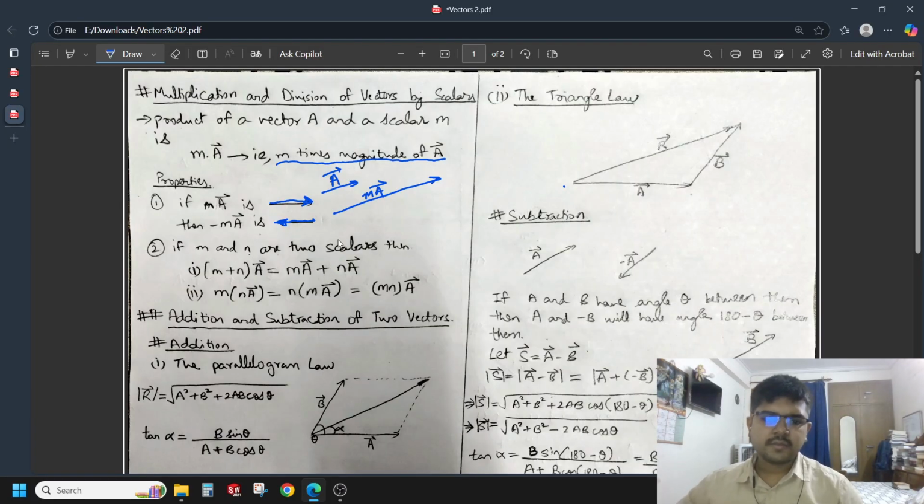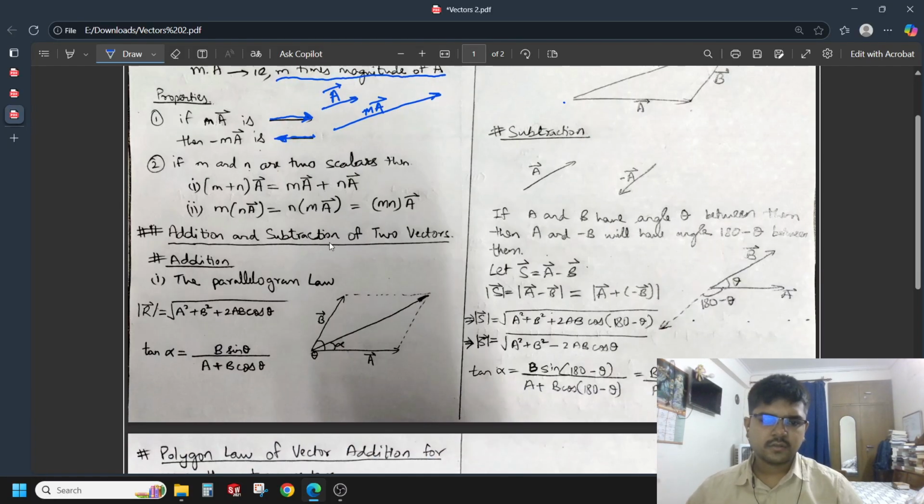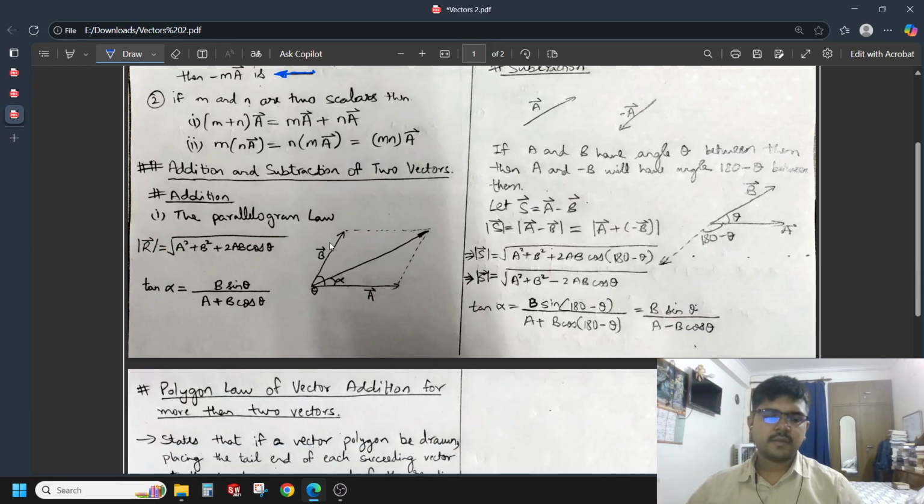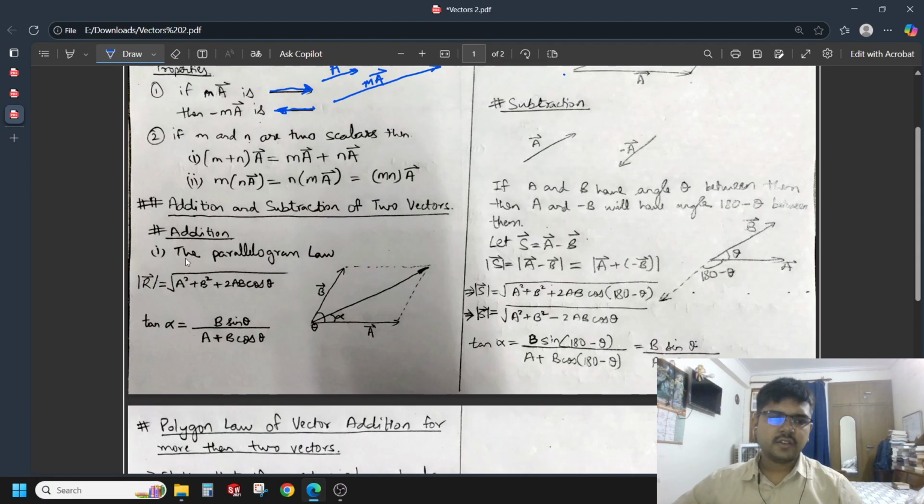Now addition and subtraction of two vectors. First comes addition of two vectors. For addition of two vectors we have the parallelogram law. In the parallelogram law, suppose we have two vectors A vector and B vector.